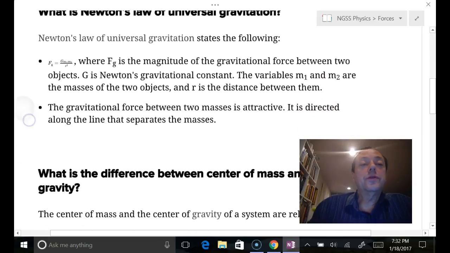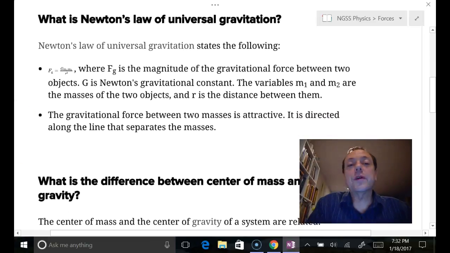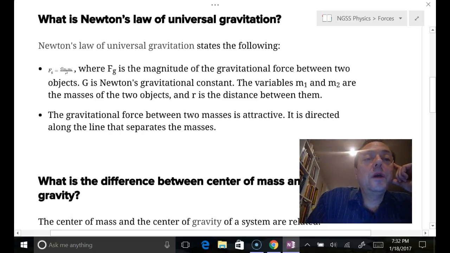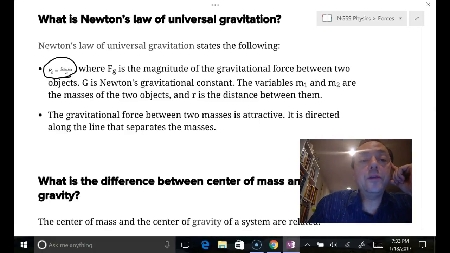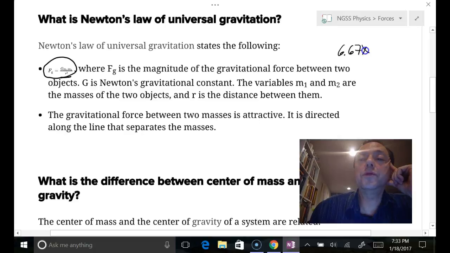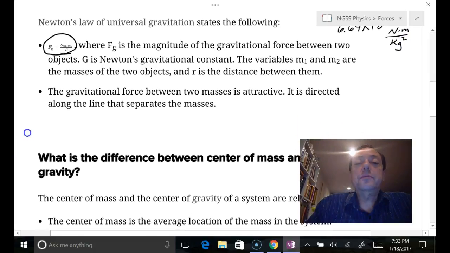And what is Newton's law of universal gravitation? Newton's law of universal gravitation states the following, where, well, it's that equation I wrote up there in case you can't see this, where F is the magnitude of the gravitational force between the two objects. G is Newton's gravitational constant, which is 6.67 times 10 to the minus 11th newton meters squared per kilogram squared.